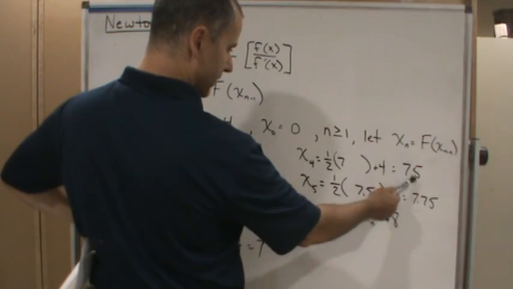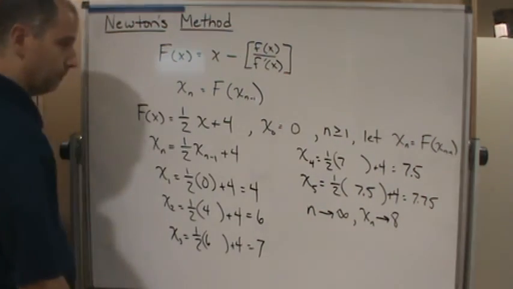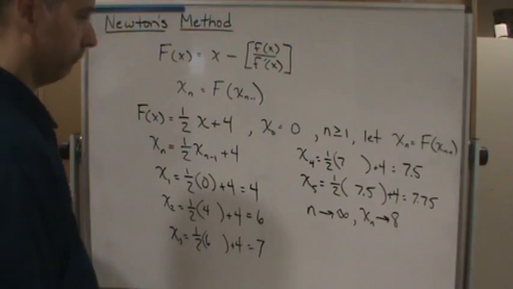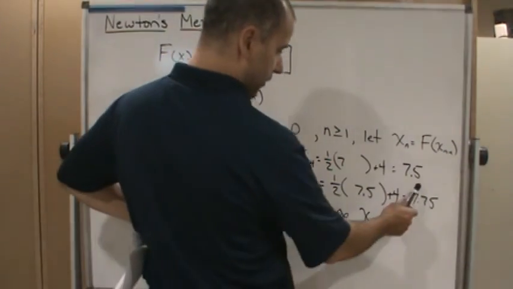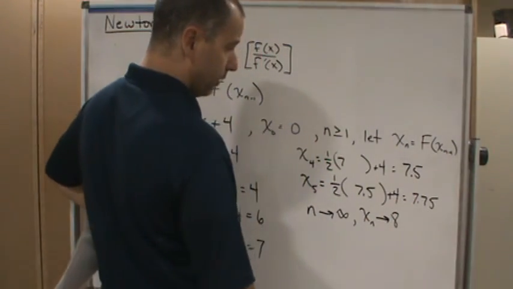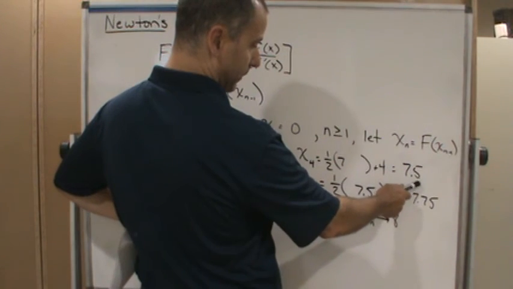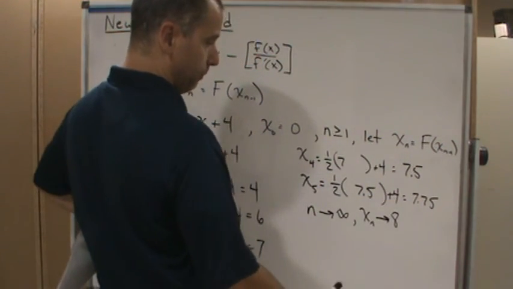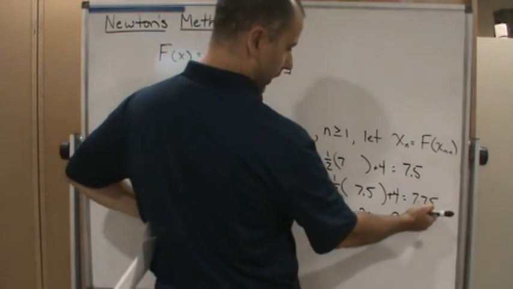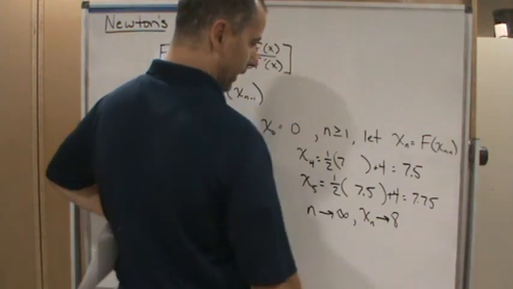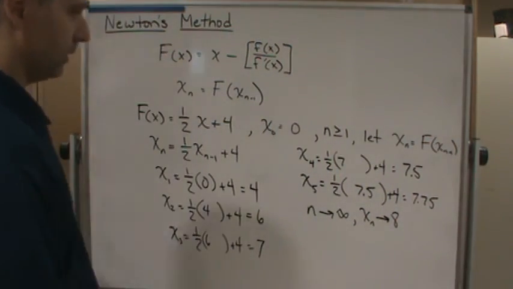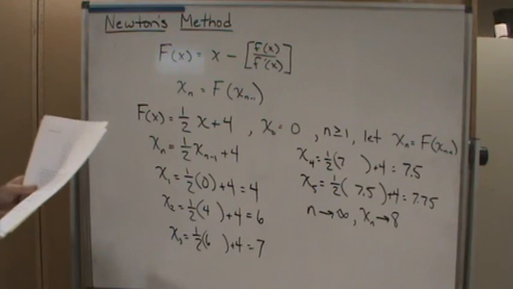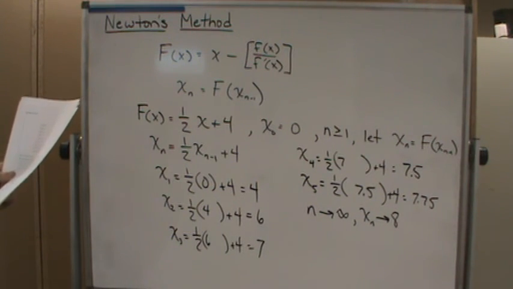So basically, the jump is by half. By the pattern, the next jump is only going to be half of 0.25, so it's going to be 0.125.